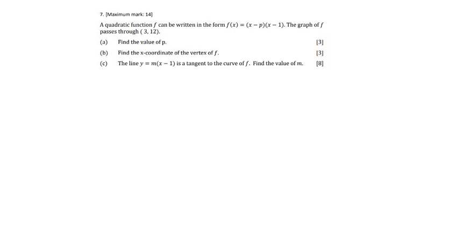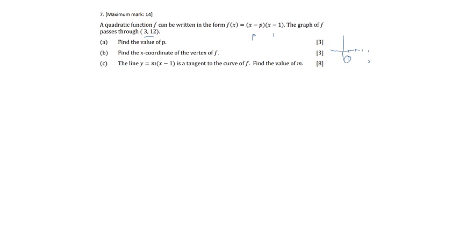If we're going to roughly estimate the figure of a quadratic function, we know that we have the roots here. One of the roots is 1 and the other is p, and it passes through (3, 12). So if this is our Cartesian plane, we have here 1, 1, 2, 3. One of the roots is 1, the other is p. It could be to the left or to the right of that.